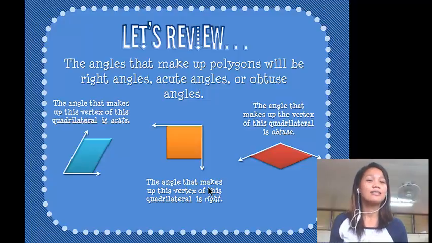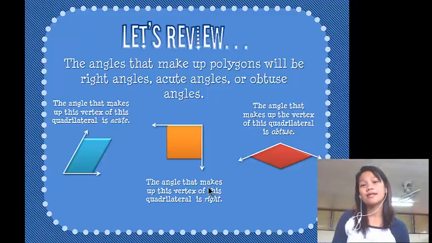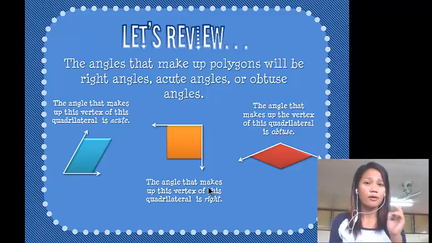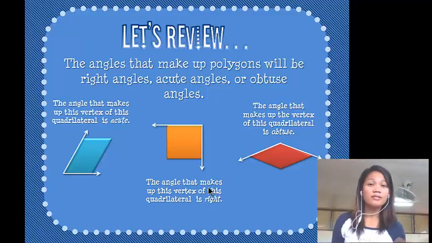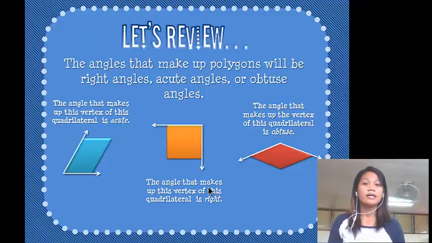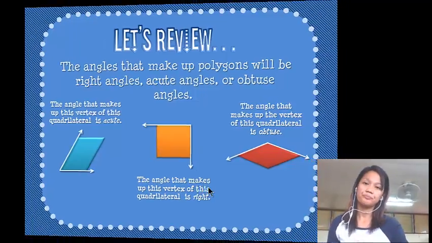Less than 90 degrees. And how about the obtuse? Obtuse is measuring greater than 90 degrees. If one of the angles of the quadrilateral measures, for example, greater than 90 degrees, then that is an obtuse angle.